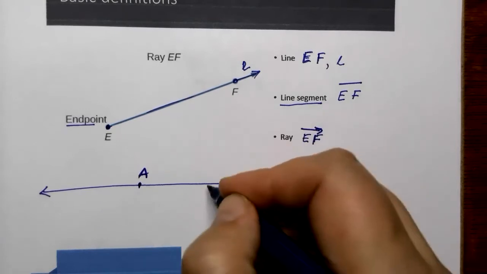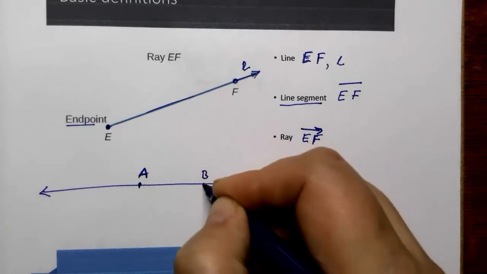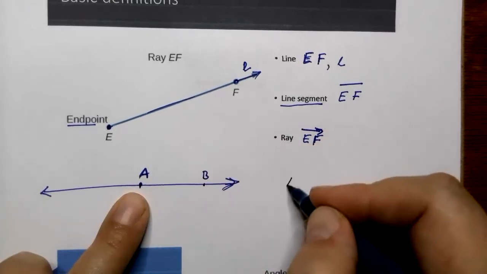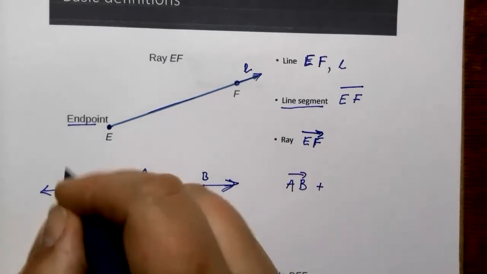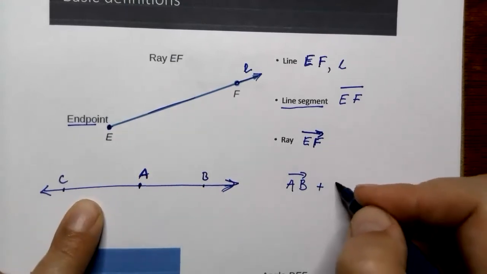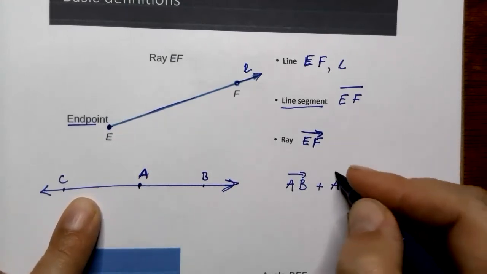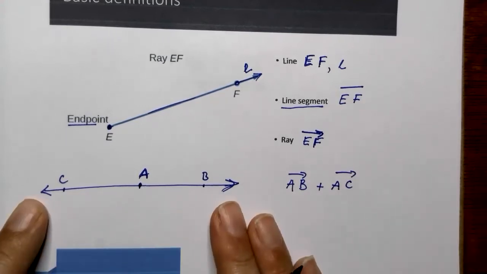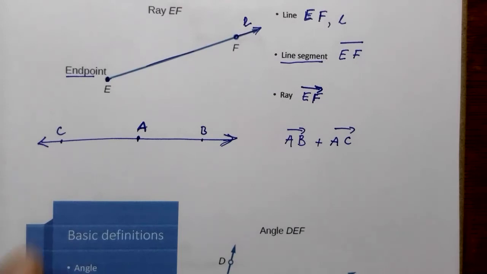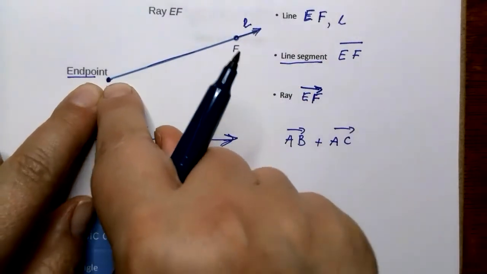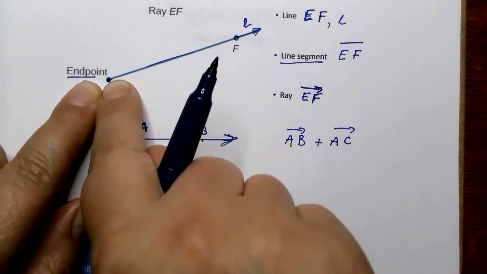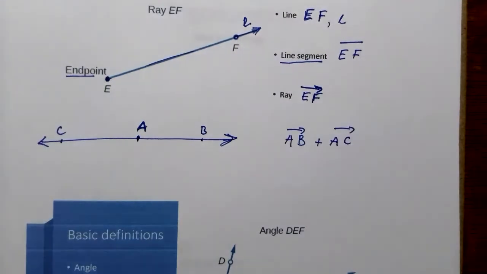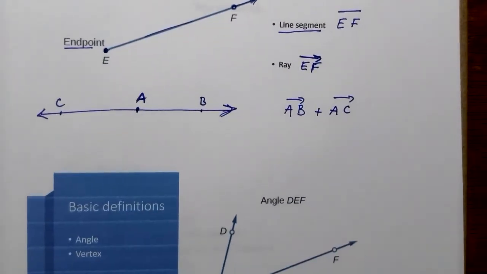We can select another point here, B, and say we have one ray AB, and if we put another point C here, another ray AC, which makes this whole line. So a ray is a half line. It has an endpoint or starting point, which is basically a cutoff point, and then it continues indefinitely in the other direction. So that's a ray.